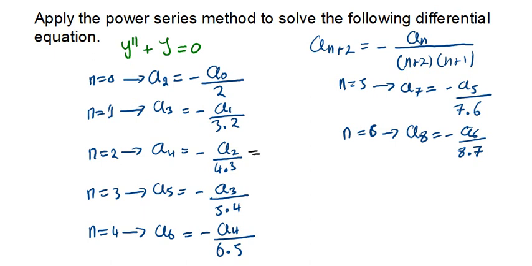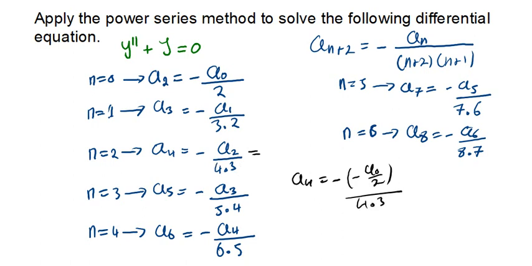I believe I can write this in terms of a sub 0, because a sub 2 is equal to what you have here. You say a sub 4 is equal to minus what is your a sub 2. We have that our a sub 2 is equal to minus a initial divided by 2, and that is divided by 4 multiplied by 3.